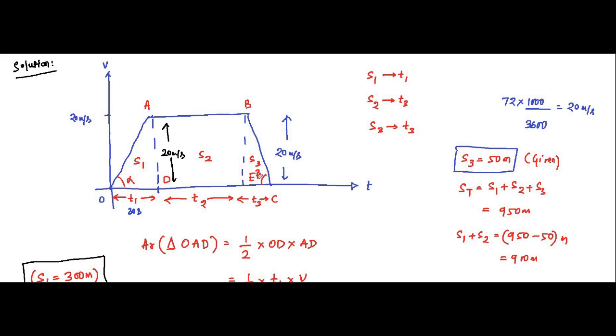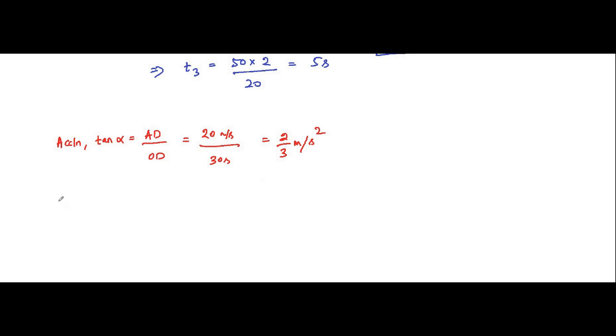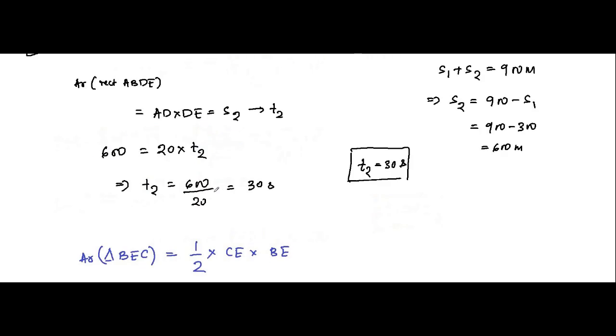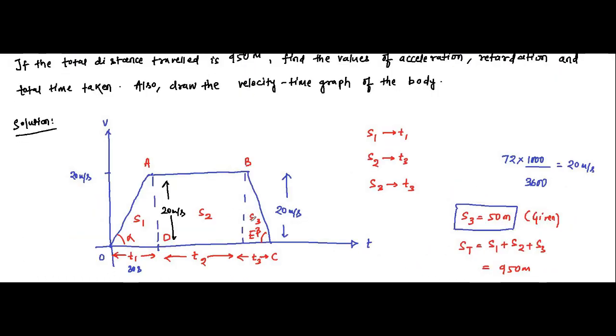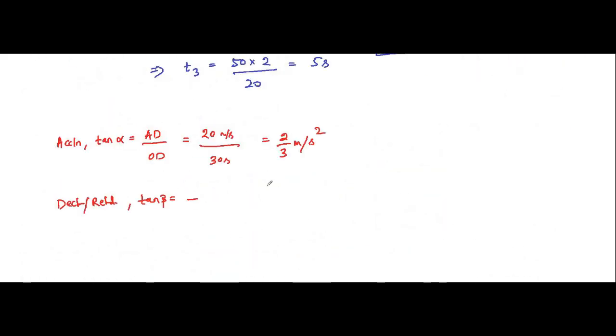Then we have to determine the retardation or deceleration. So tan beta, the deceleration or retardation, will be negative because it is retardation: minus BE by EC.